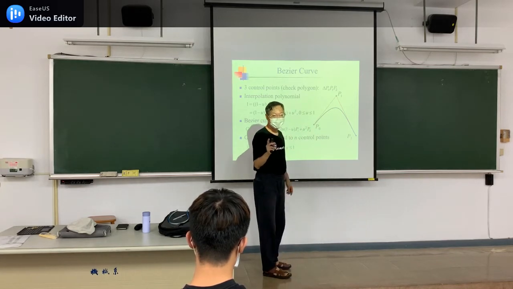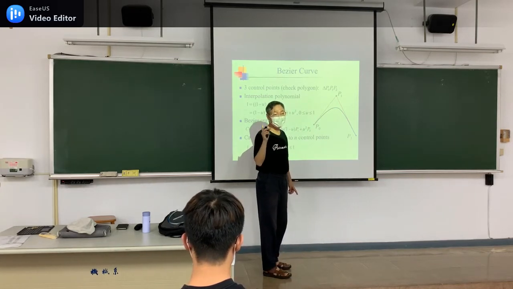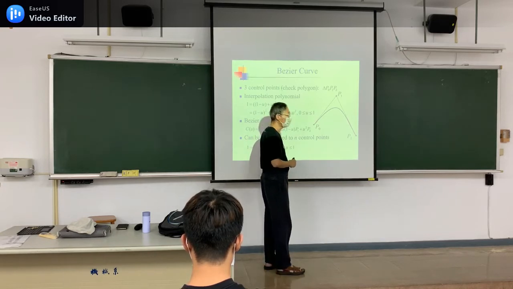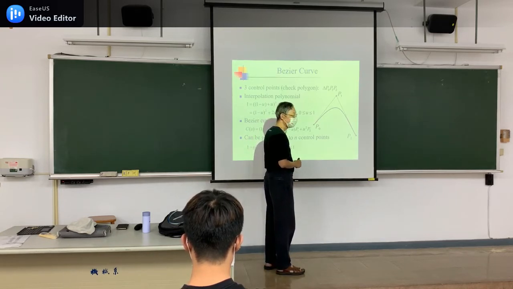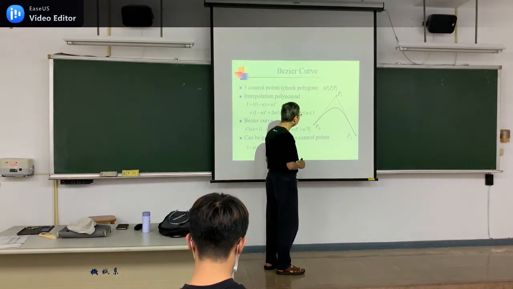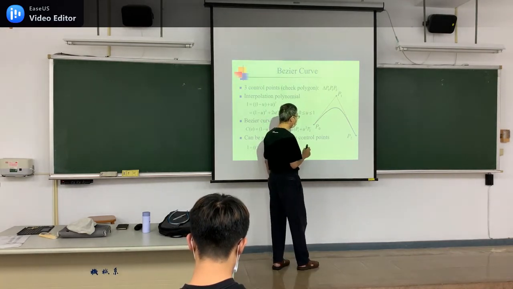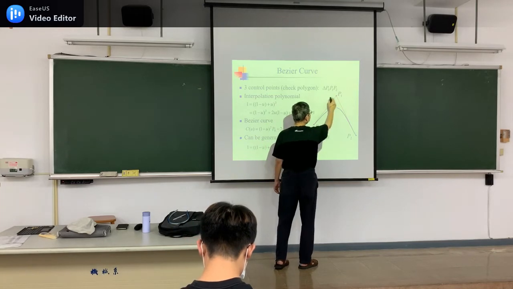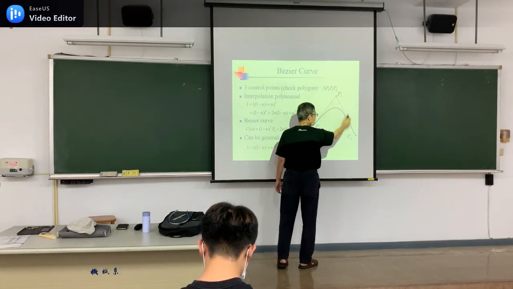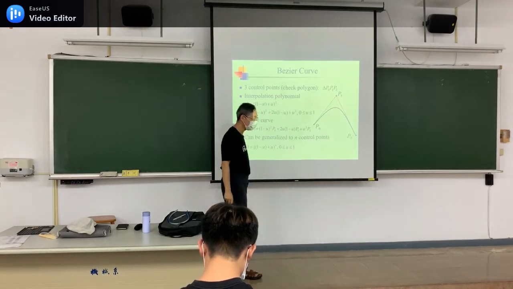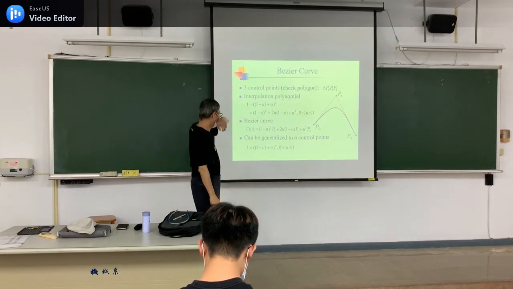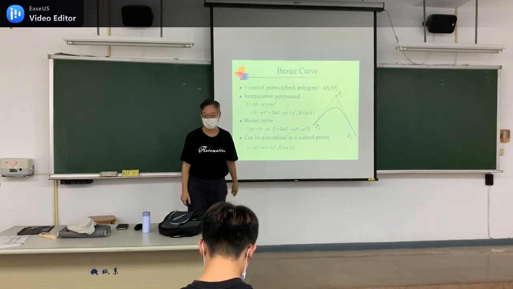However, he wants a smooth curve, in other words, a spline. He wants a smooth curve. And because he hoped that this curve can be near these three control points, he wants this curve to be nearby these three control points. So he takes weighting.